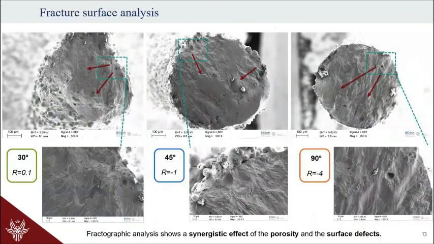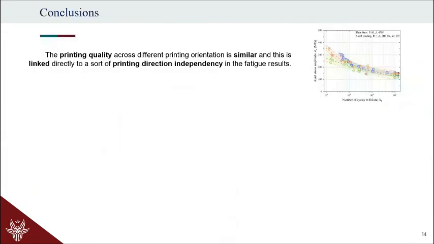And these are quite important because we found out that these are, in most of the cases, the location of the crack nucleation. So the nucleation starts from a subsurface pore and then the crack grows till the complete failure of the component. So I would like to head toward the conclusion.